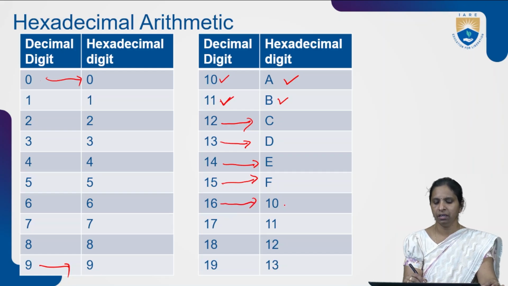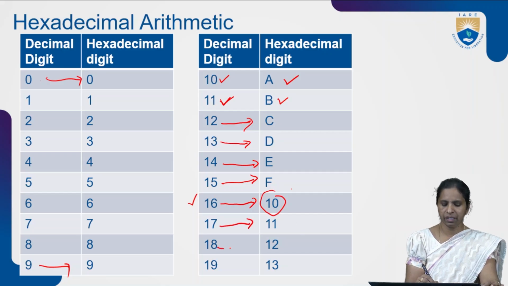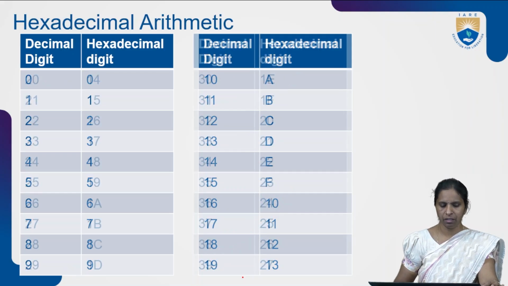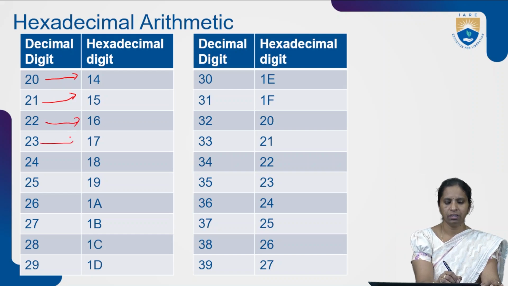The number 16 in the decimal number system is represented as 10 in the hexadecimal number system. And 17 is represented as 11, 18 as 12, 19 as 13, 20 as 14, 21 as 15, 22 as 16, 23 as 17, 24 as 18, 25 as 19.